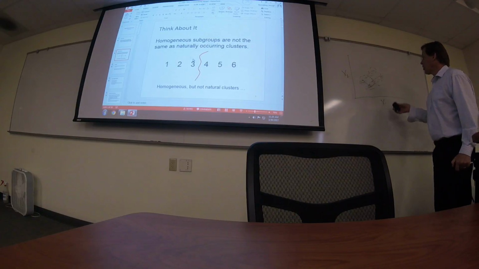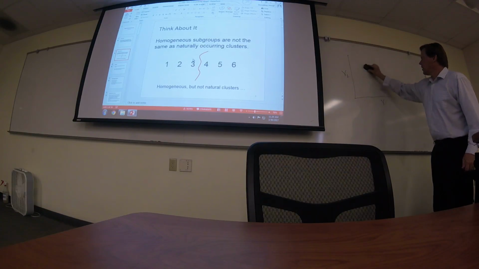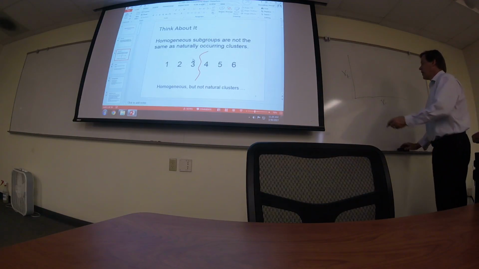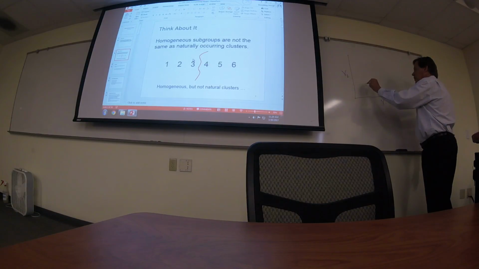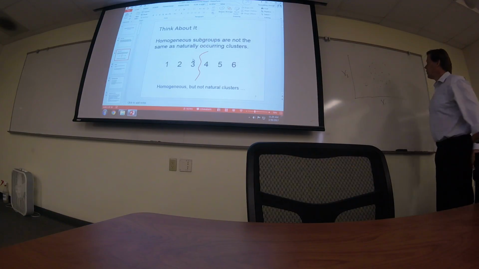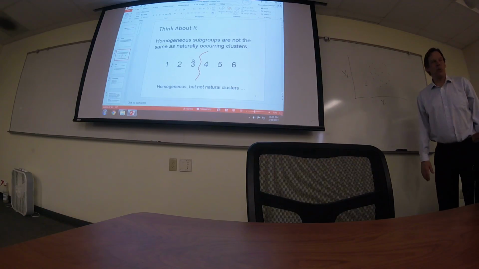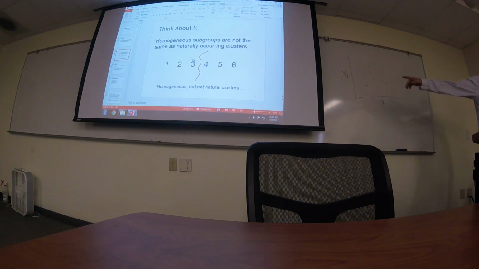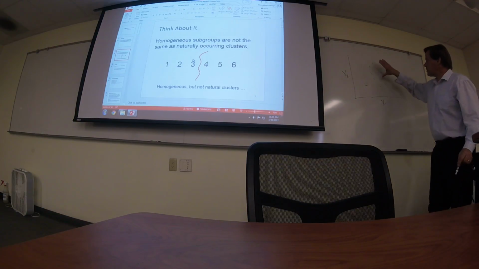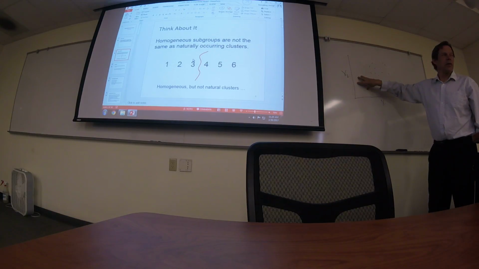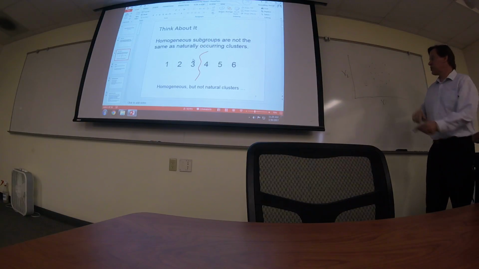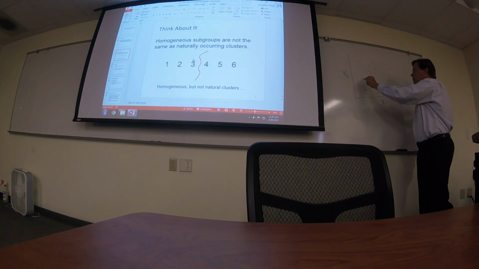There are many, many hard problems for cluster analysis. So this makes me think of the fact that, well, what happens if you have a nice tight cluster down here, and then you got a whole bunch of noise up here? What's it going to do? That's really hard for cluster analysis. What if this cloud is on top of this cloud? This is the nucleus. So you got all this noise around here.